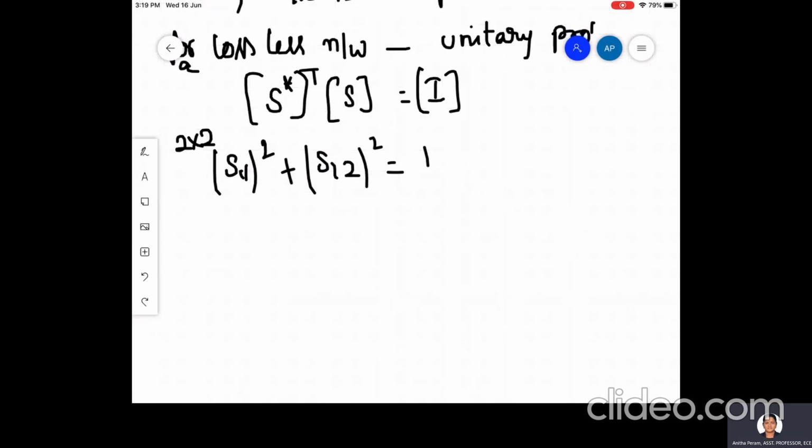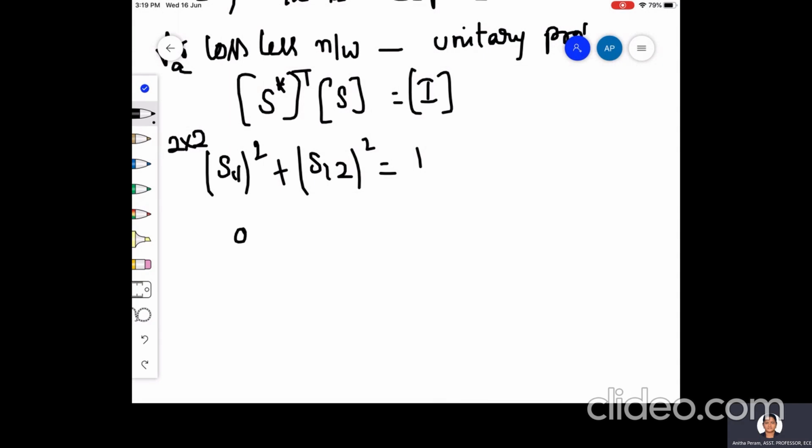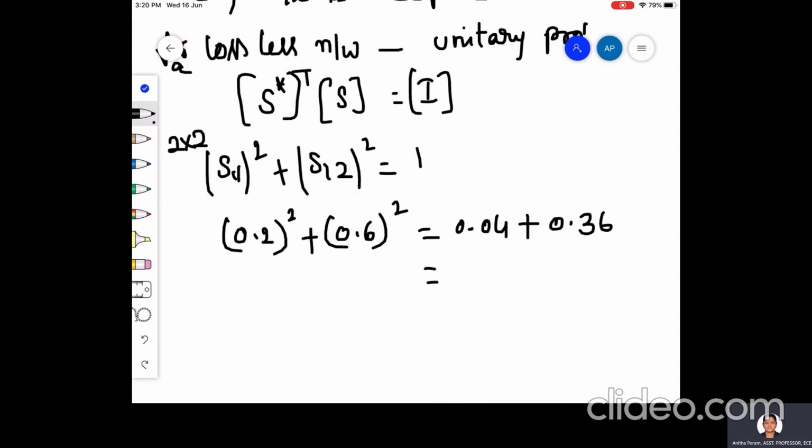S11 is given as 0.2, so 0.2 square plus S12, given as 0.6 at an angle of 90. No need to consider 90 degrees, so 0.6 square is to be evaluated. 0.2 square is 0.04 plus 0.6 square is 0.36. So 0.04 plus 0.36 you will get 0.4.